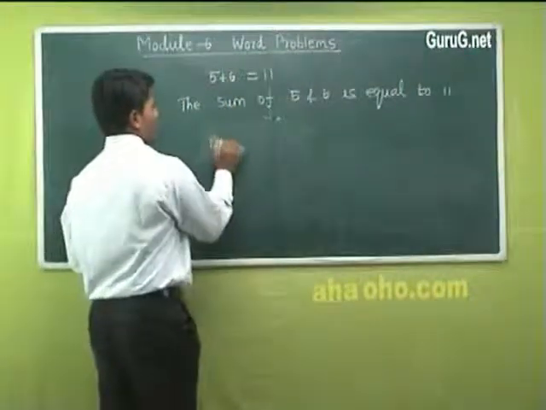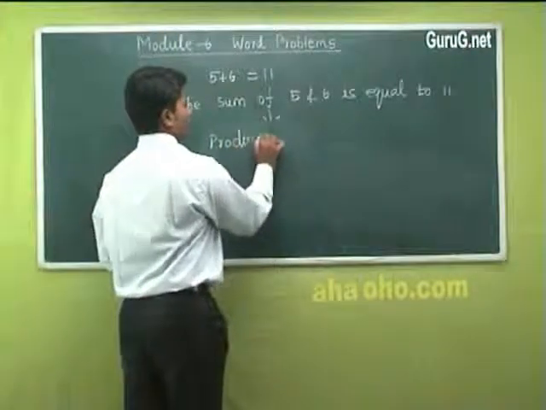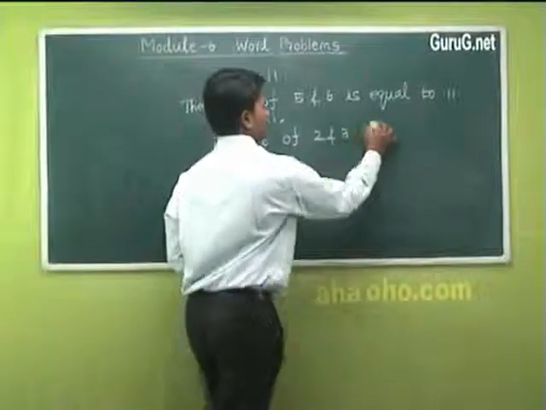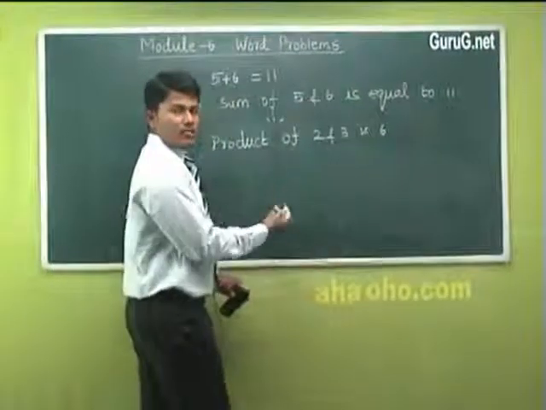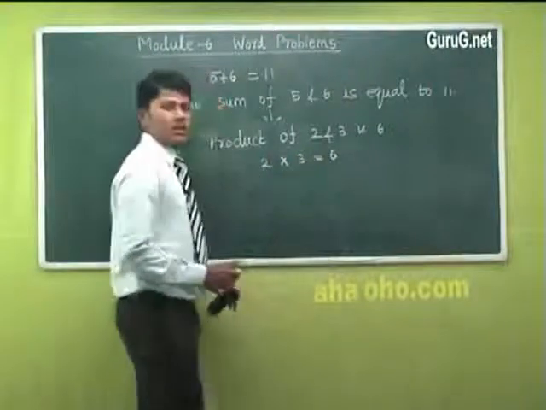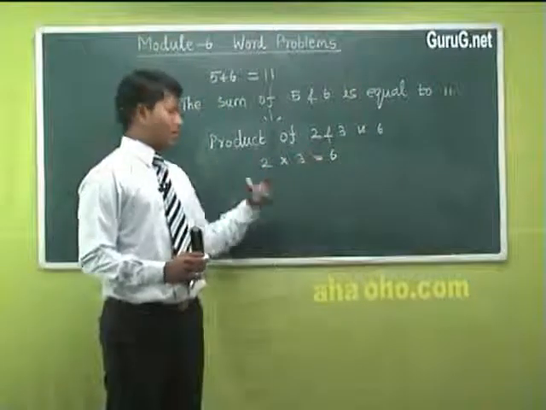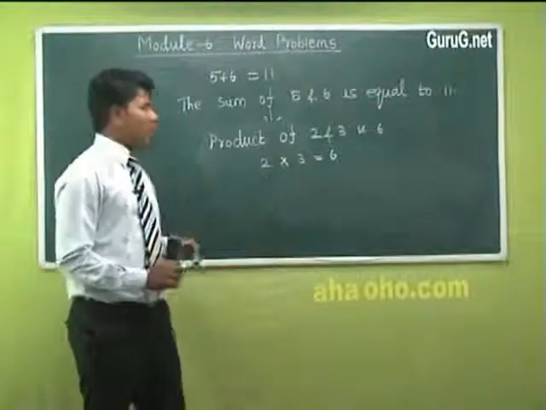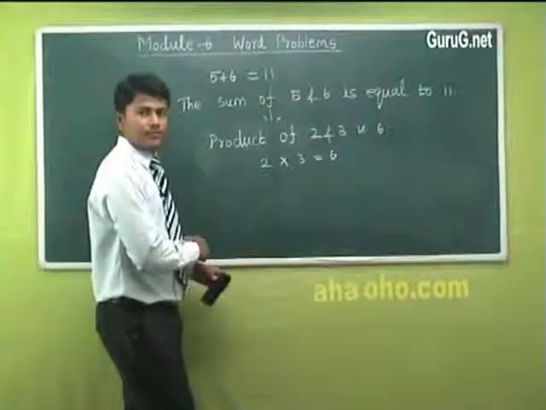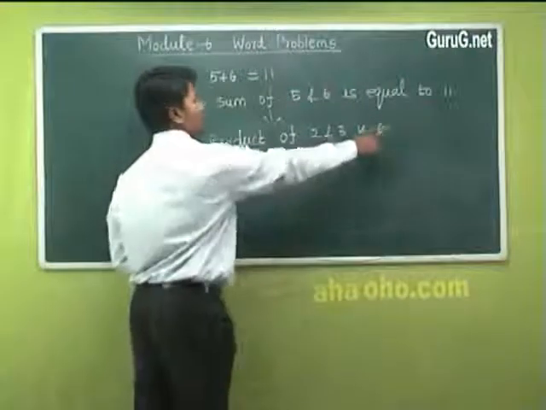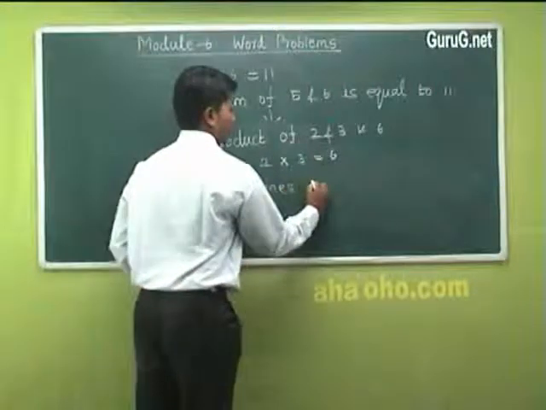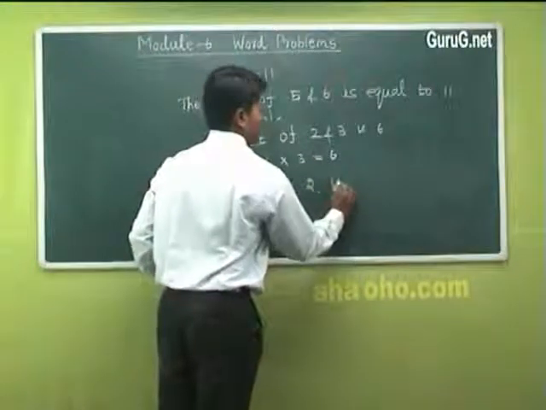Say product of 2 and 3 is 6. What does this mean? 2 into 3 is equal to 6. Product of 2 and 3 is 6. Or I can also say 3 times 2 is 6.